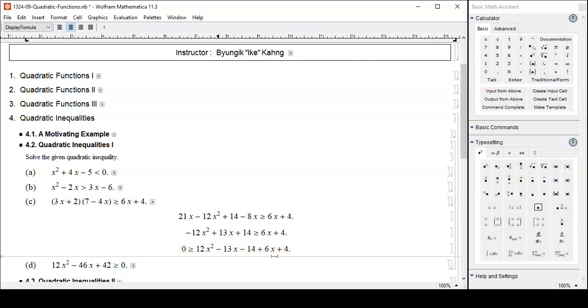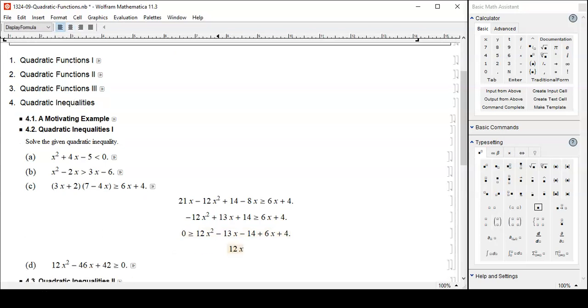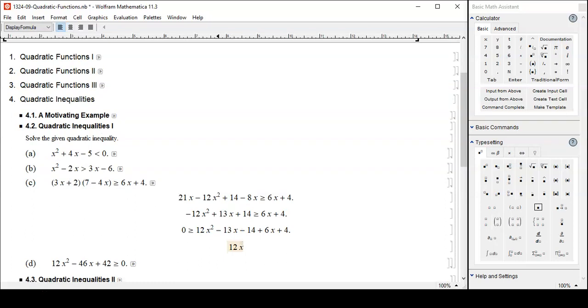So what do we have here? 12x squared, and then negative 13 plus 6, so negative 7x, and negative 14 plus 4, negative 10. So less than or equal to 0. I used to have this one here on the left, but I can move it like this.